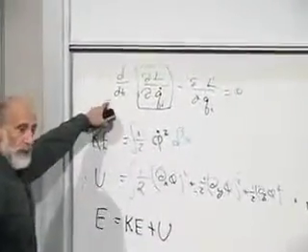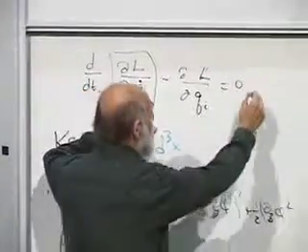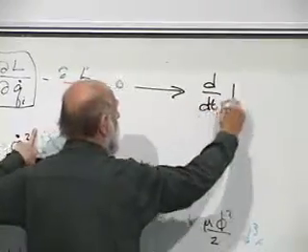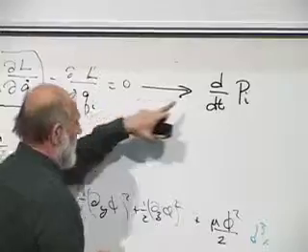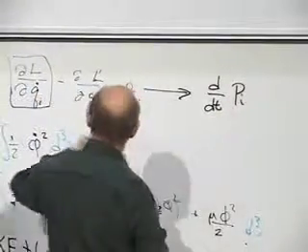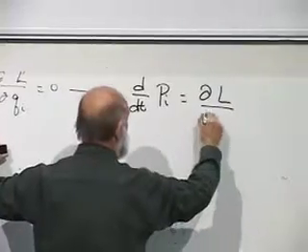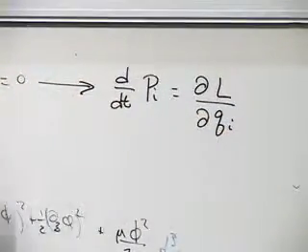Lagrange's equation, or the Euler-Lagrange equation, can also be written in another form. They can be written in the form d by dt of p sub i, the time derivative of the ith canonical momentum, is equal to the derivative of the Lagrangian with respect to q sub i, for each i.